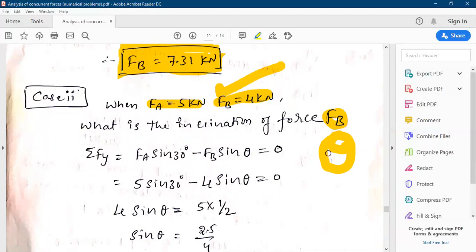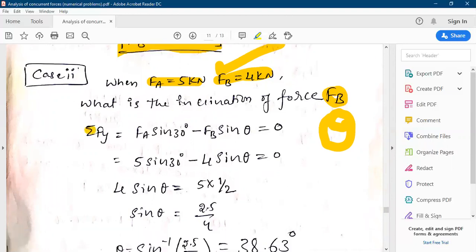That is the second part of the question. They are asking us to calculate this angle. We'll use the same concept. We know sigma Fy is equal to Ry, which is equal to 0, as we have seen in the above case. The y component of force Fa is Fa sin 30 upwards.